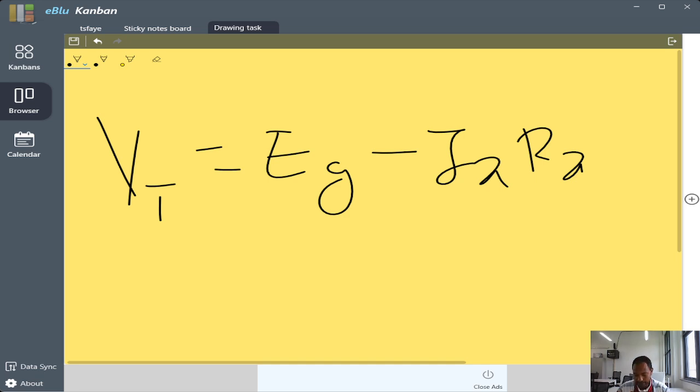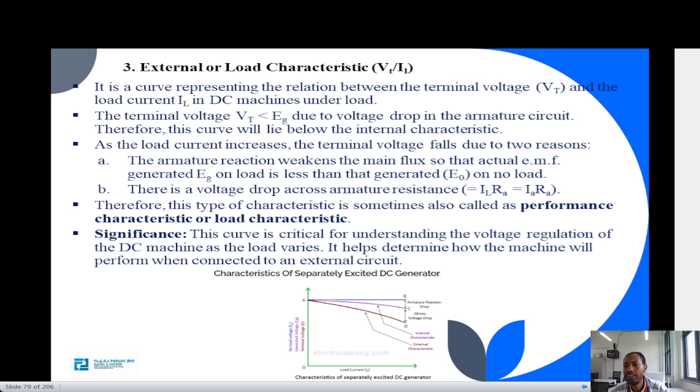As the load increases, terminal voltage always decreases. Why? One, the armature reaction weakens the main flux, so that the actual EMF generated on load is less than the generated EMF in no load condition.